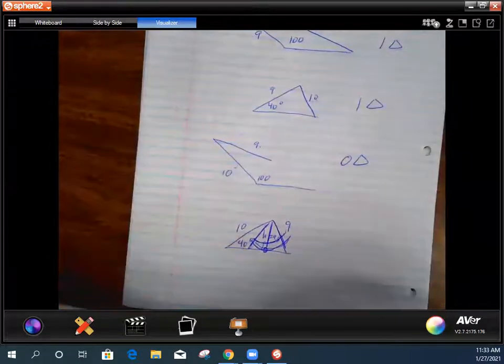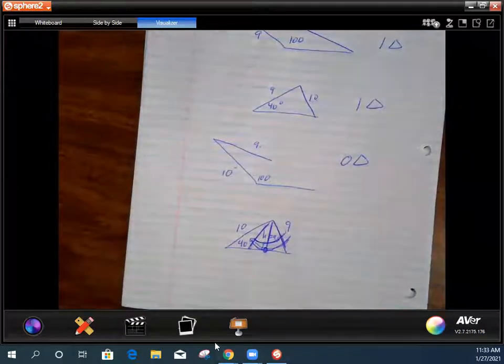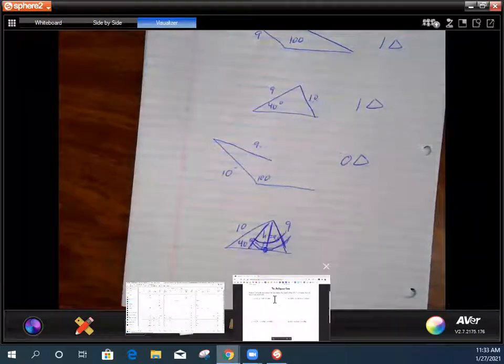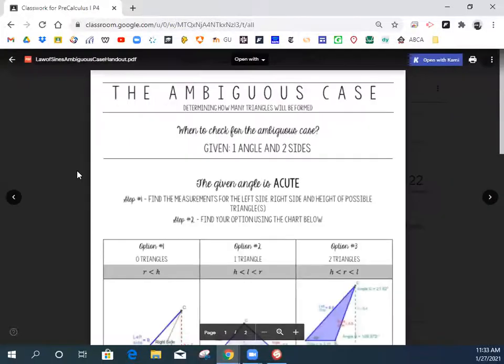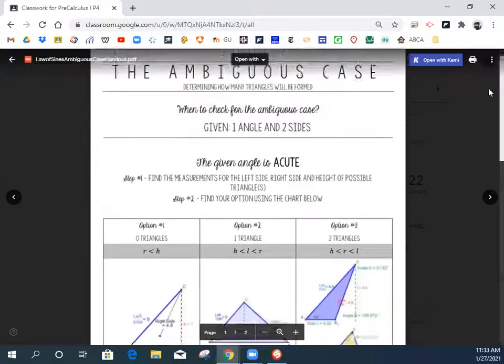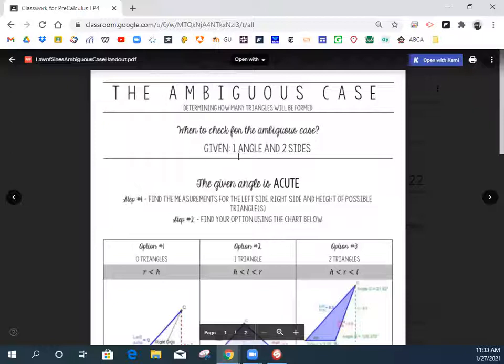And it's all summarized in the notes we did yesterday, but I also posted something here which walks you through it. So when you're thinking about it, first, if you're given one angle and 2 sides, check for the ambiguous case.